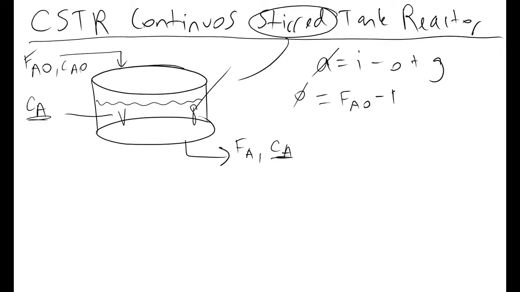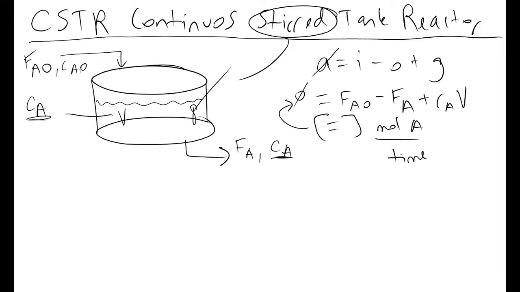Then we have an outlet term minus FA, and then we have a generation term plus RA times V, where A is your reactant, RA tells us the rate that A reacts per volume per time, and we need to multiply by V to get the units to agree, because this mole balance equation has units of moles of A per time.